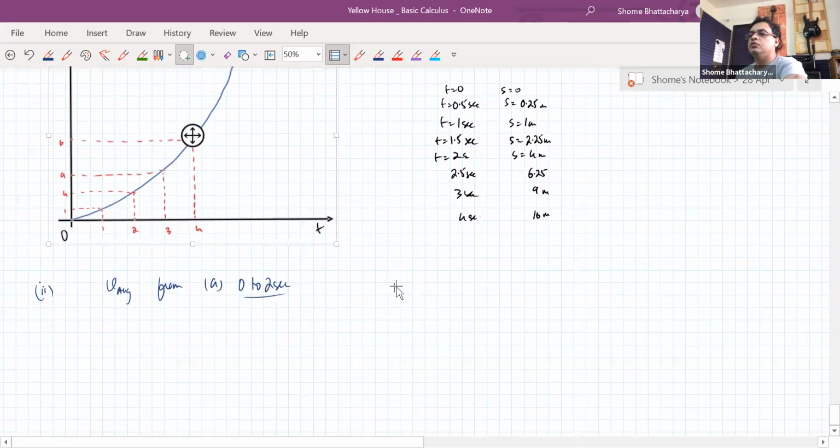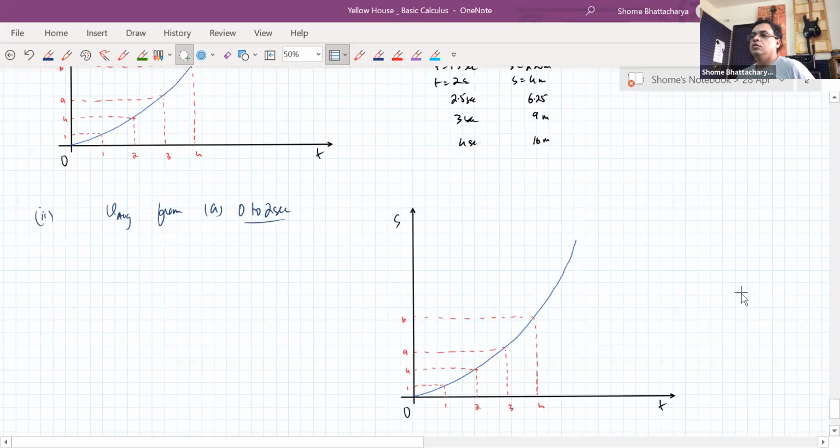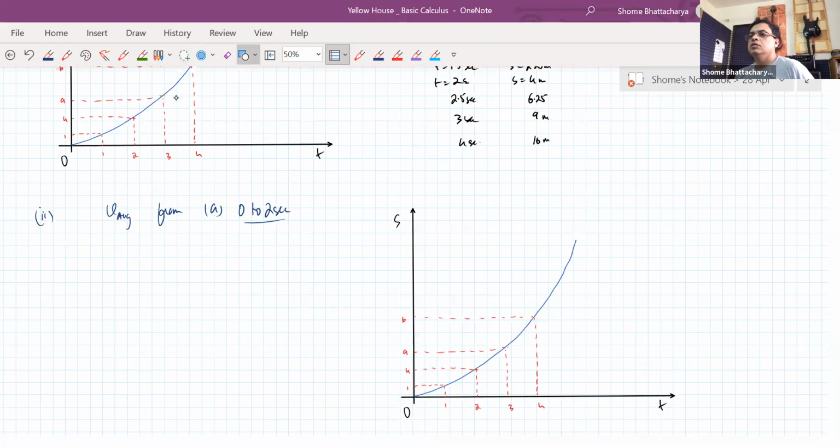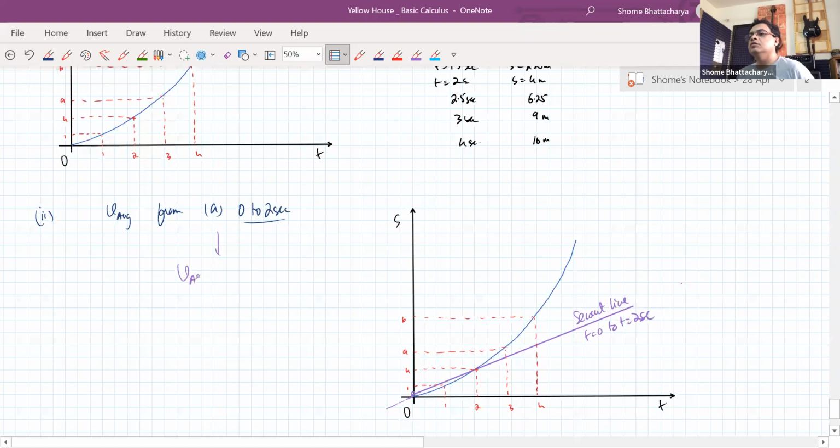So for this, I will have to join these two points, time t equal to 0 up to t equal to 2 seconds at this point, and calculate this slope. This is the secant line joining t equal to 0 to t equal to 2 seconds. So this v average will be the slope of the secant line, that will be this tan theta.